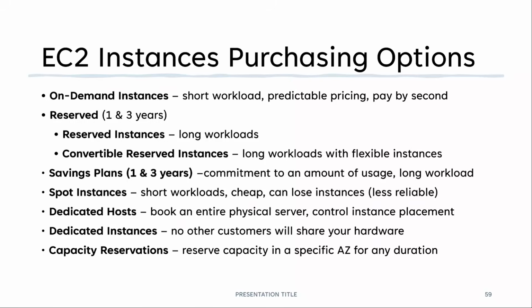Based on how you are going to use your EC2 instance and your workloads, you select the purchasing option. For example, if your workload is long-term and you want to save a lot of money, you can go for reserved instances. Let us see one by one in action.